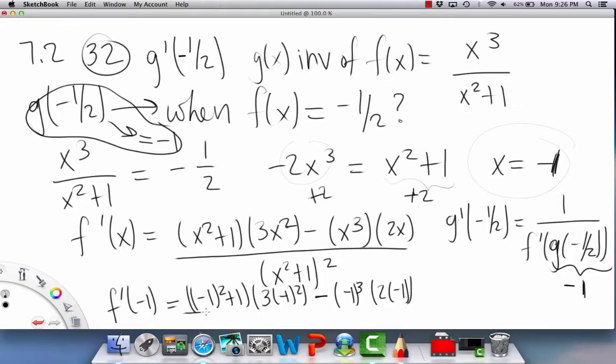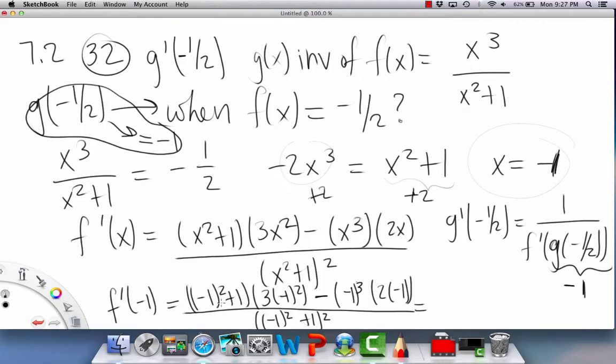A lot of parentheses here. And then on the bottom we have negative 1 squared plus 1, all to the power of 2.